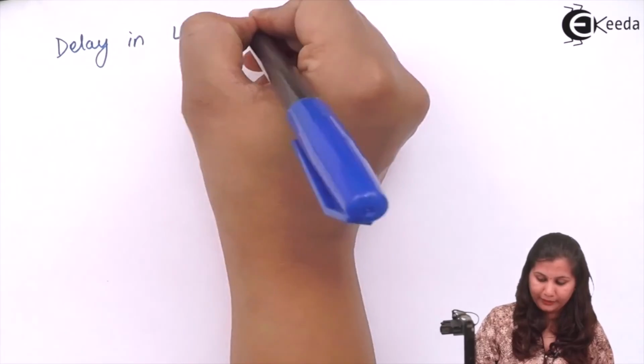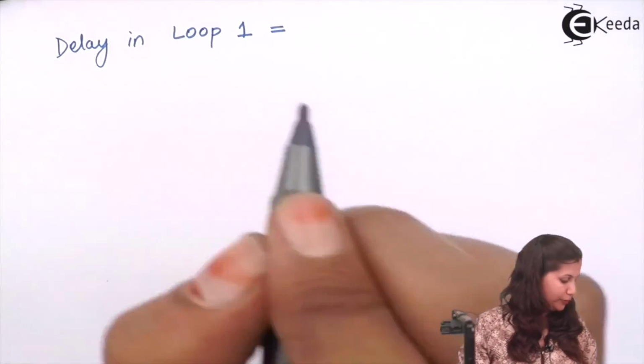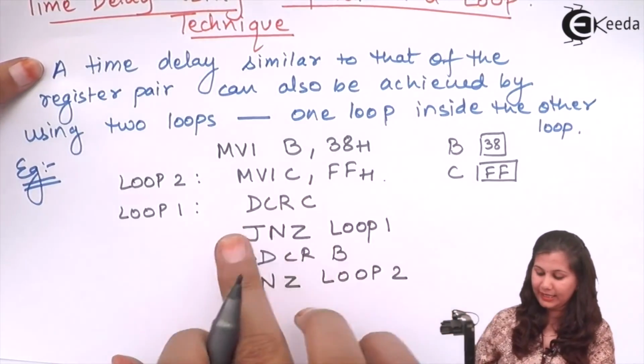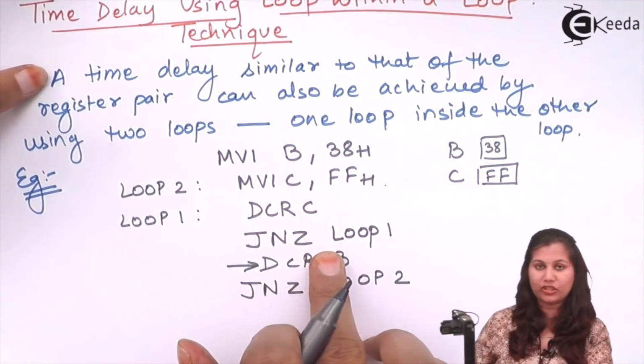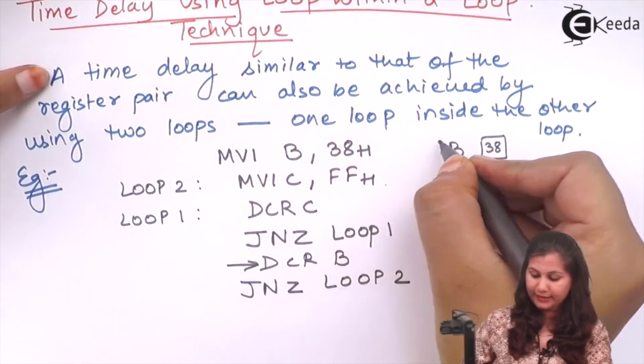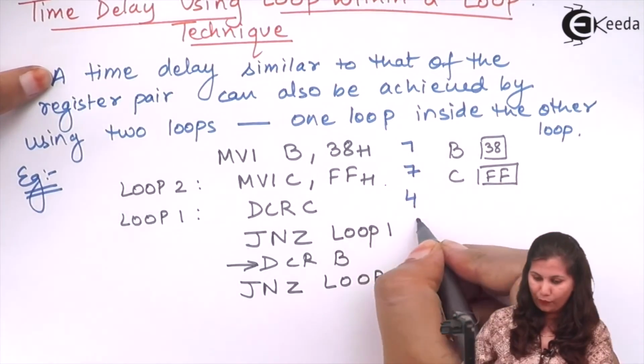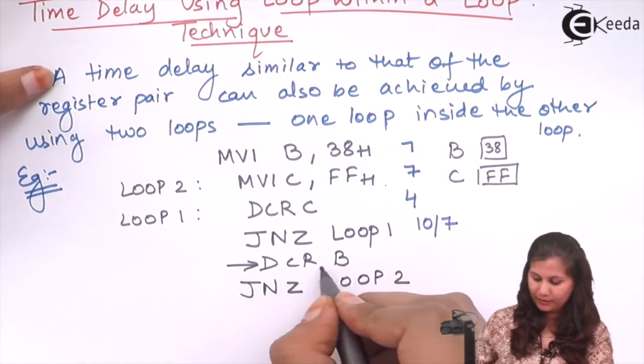That is loop 1. Inside the loop we have MVI C, FFH, DCR C and JNZ. So these three instructions have T states as 7, 4, 10 by 7.